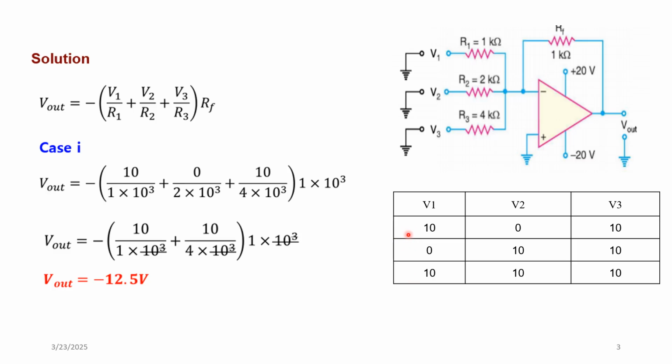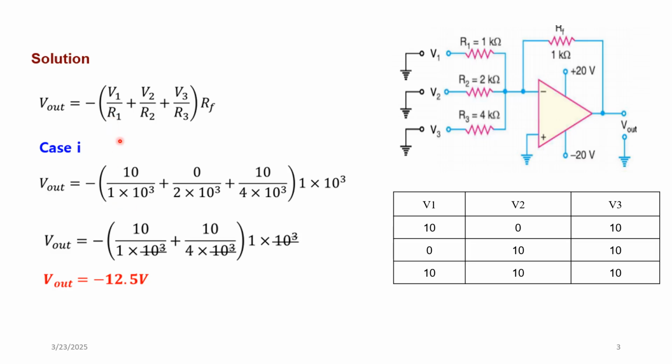In case 1, I have considered V1 as 10 volt, V2 as 0 volt, V3 as 10 volt. The R1, R2, R3 values are given in the problem, and the feedback resistor value is 1K. So I am going to substitute the values.